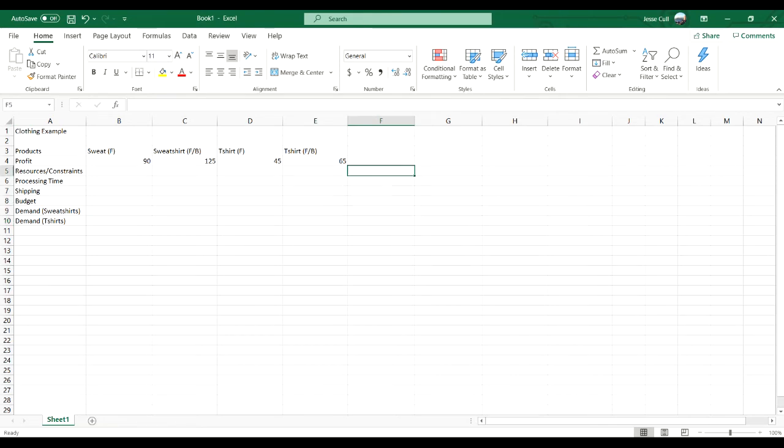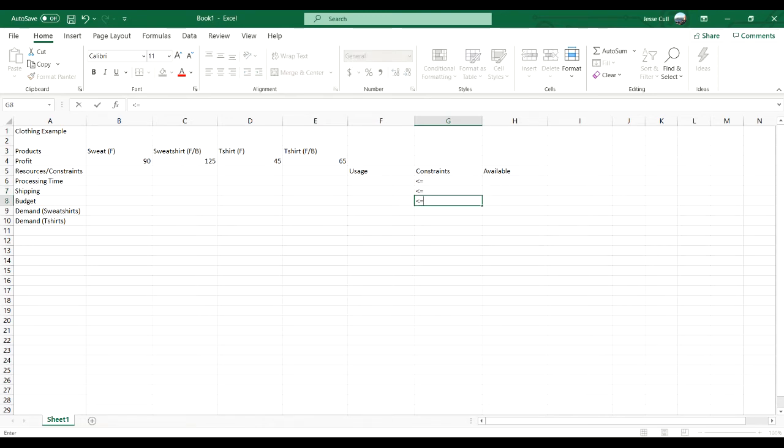Continuing on, we come over here and we write in usage, constraints, and what we have available. From the question, we see that constraints, or because it's a maximization, these must all be less than or equal to the maximum amount of resources or demand that exists. And again, from the question, we see that the maximum amount of time to manufacture is 72 hours.